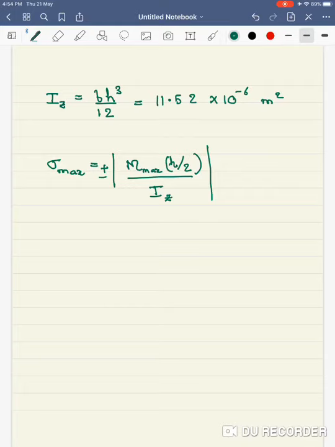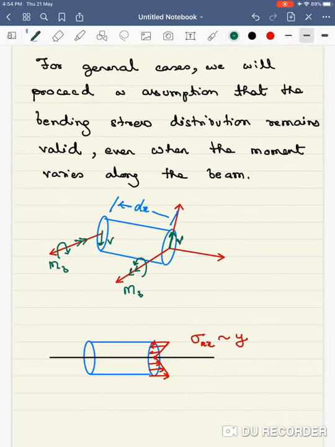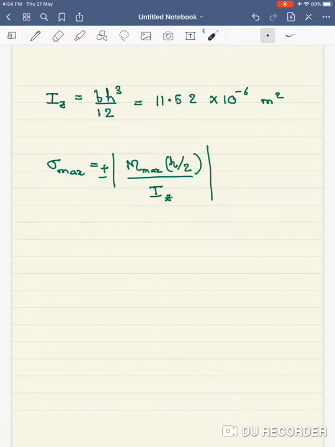Why do I put a plus and minus? It's because of this particular situation. Your top face will feel compressive and the bottom face will feel tensile, but both are maximum. So for a given problem, you can just write it as plus and minus. One half of the beam will face a compressive stress and the other half will feel a tensile stress.